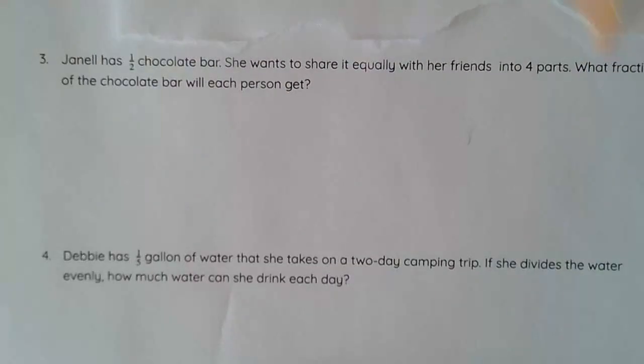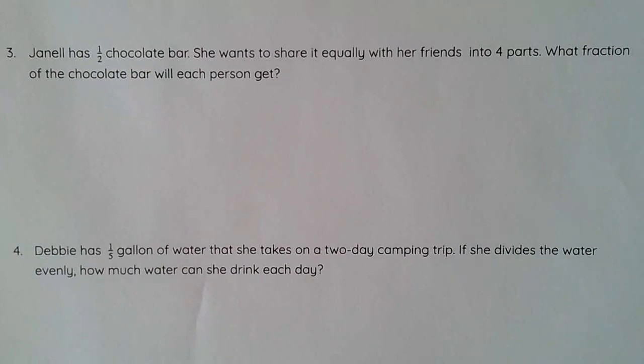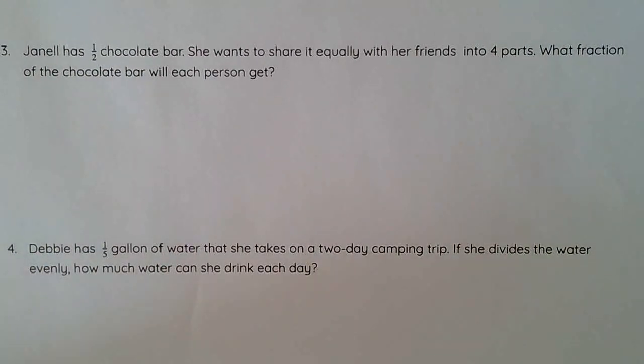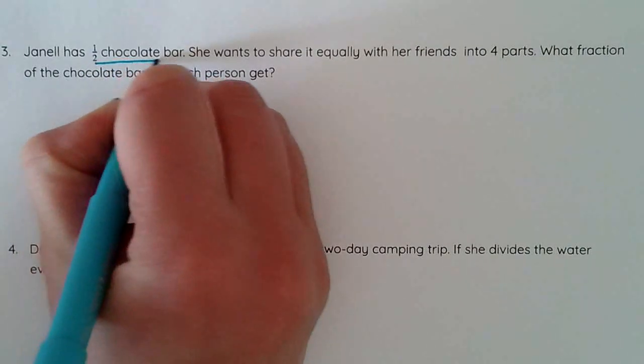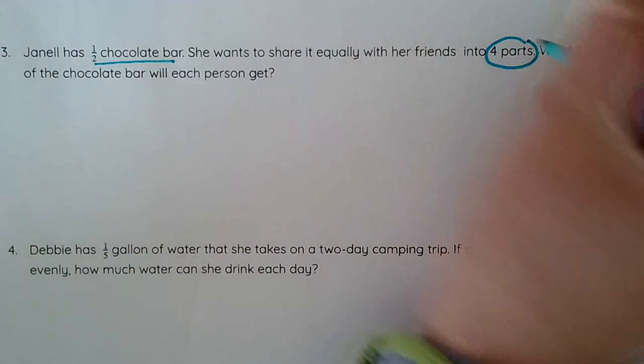Okay, we're going to continue to use our models. So it says Janelle has half of a chocolate bar. She wants to share it equally with her friends into 4 parts. What fraction of the chocolate bar will each person get? Okay, so we've got half of a chocolate bar, and she's splitting it into 4 parts.